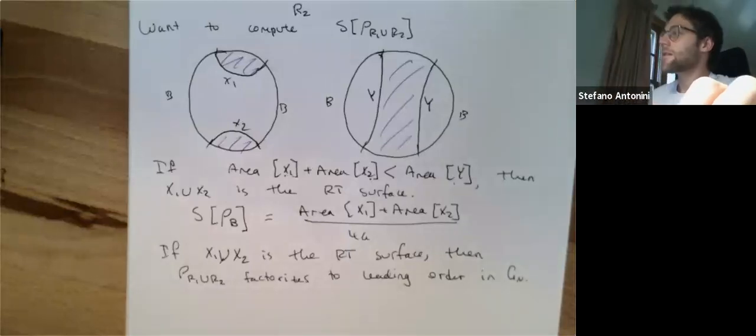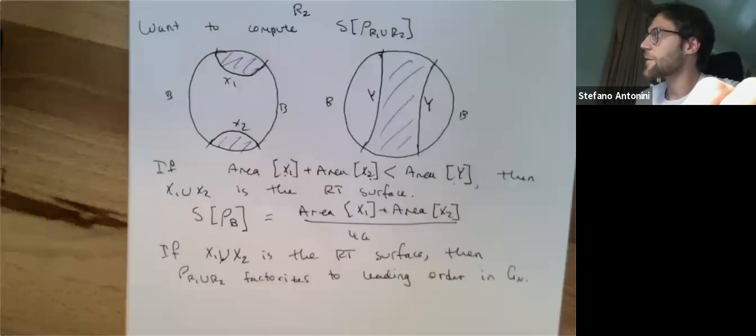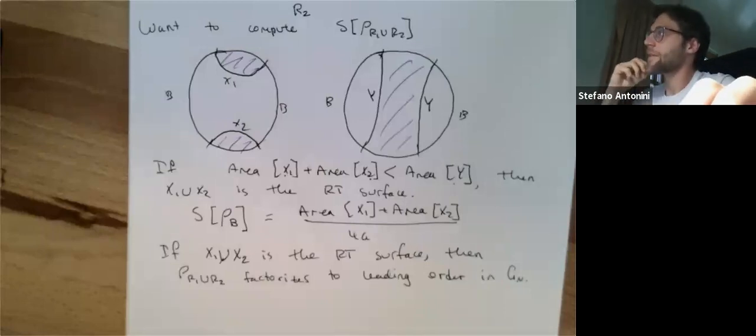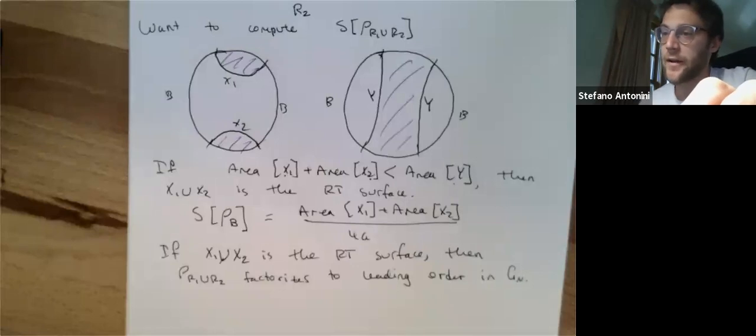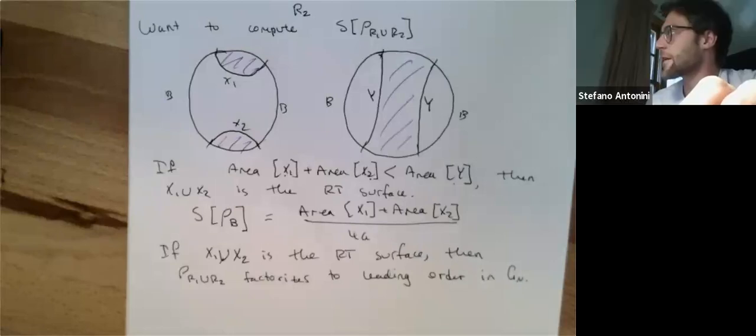Yeah. So you're saying that the Hilbert space of R1 union R2 factorizes, and from a gravitational point of view, it means that the degrees of freedom inside those regions enclosed by x1 and x2 factorize from the rest of the spacetime? Approximately. It's not a statement that quantum gravity factorizes, it's a statement that it factorizes at leading order.